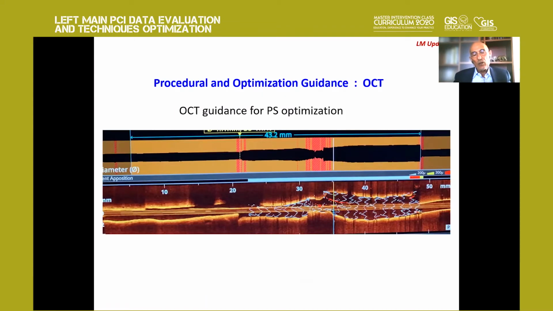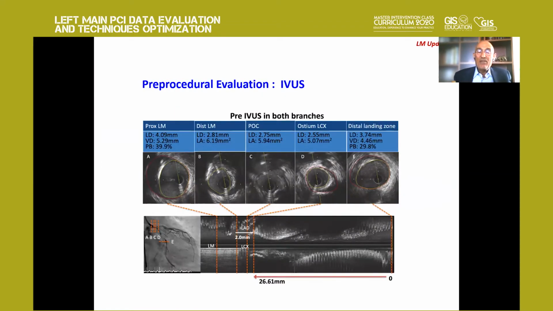I would say what we have today, we have more data about intravascular imaging by IVUS than OCT, and we have consolidated data where we can really feel comfortable to act on.